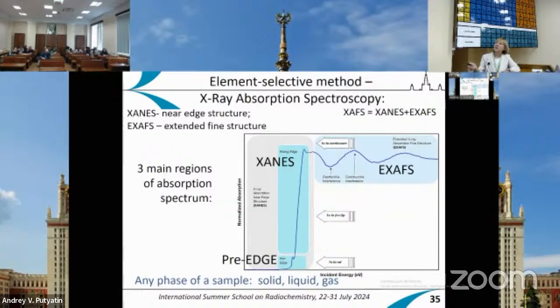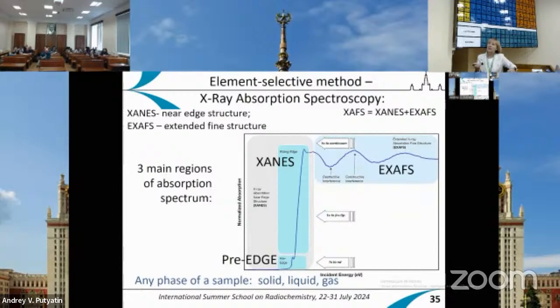Pre-edge, edge, it is the region of XANES. XANES is near-edge structure spectroscopy. And then there is extended X-ray absorption fine structure, after the edge. So these are the two main methods which are used to obtain the valence state of the elements of interest, and some local structure, local surroundings of this element in the crystal.